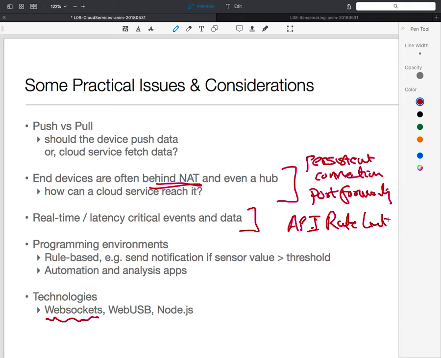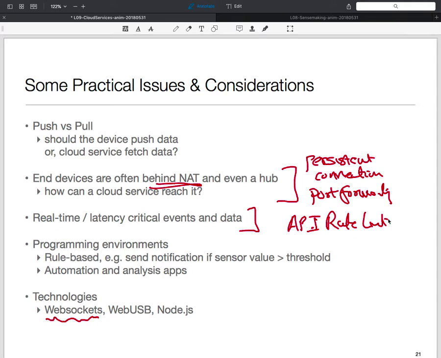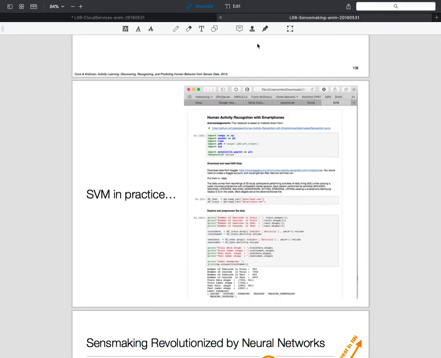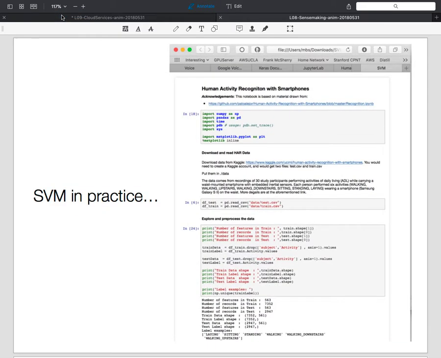Okay, so I want to switch back now to what we were covering last time, and that's the last topic that I'm going to cover, which is looking into the neural network way of processing information.